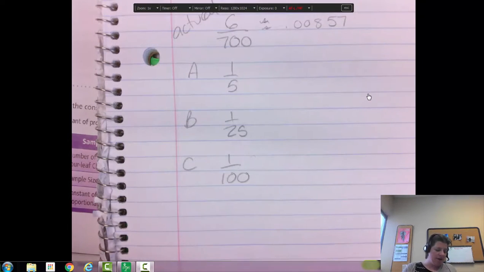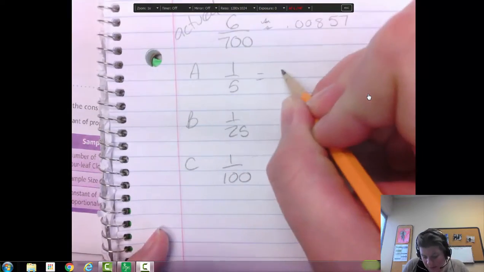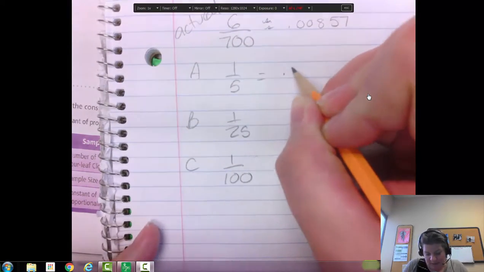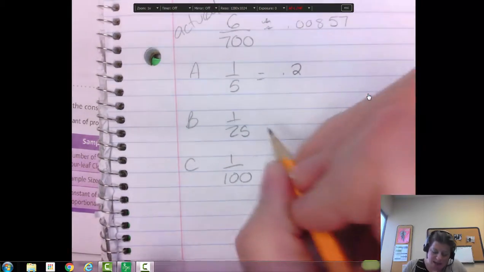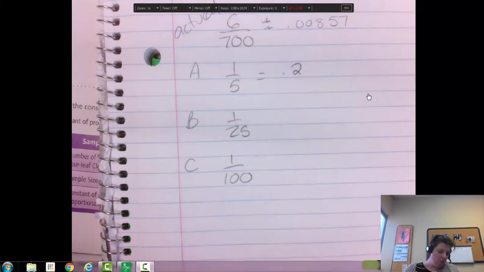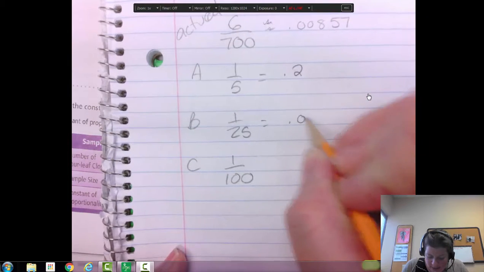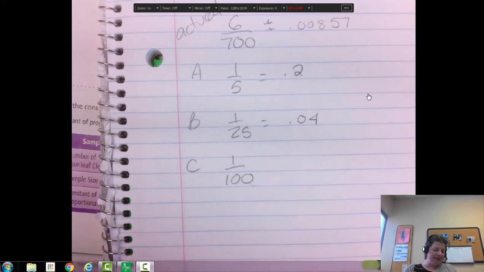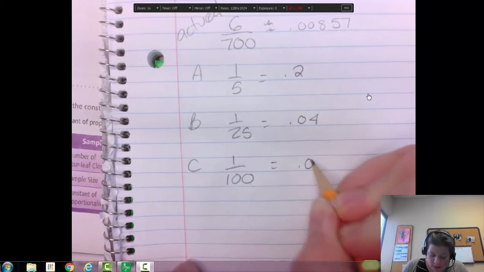Well, what is 1 divided by 5? Well, that's 0.2. And this equals 0.2 because it's not an estimation. 1 divided by 25 is going to give us exactly 0.04. 1 divided by 100 is going to give us 0.01.